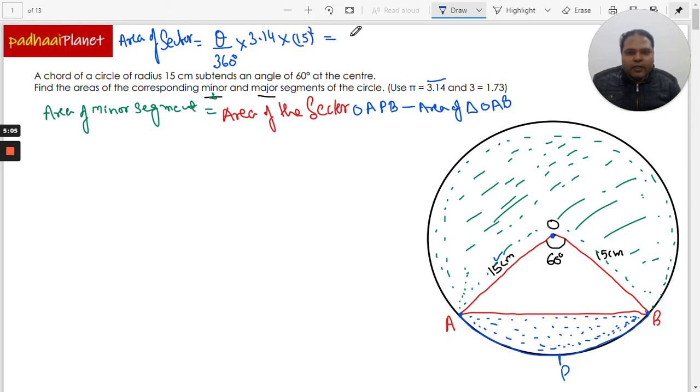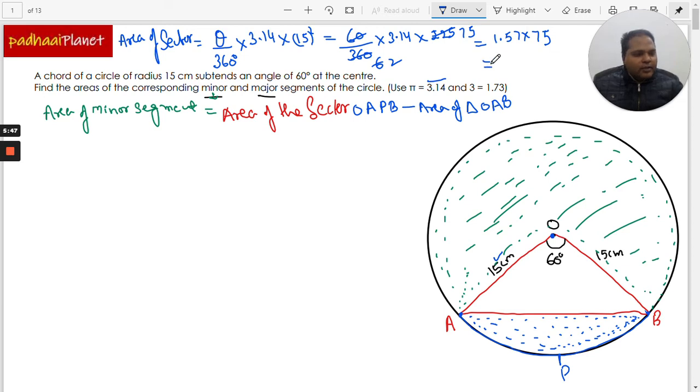Now let's expand it a bit more. We will put the value of theta, that is 60, so 60 over 360 multiplied by 3.14 multiplied by 225. So 6 times this, and this is 3 2s and 75. Now we can write this as 1.57 multiplied by 75.